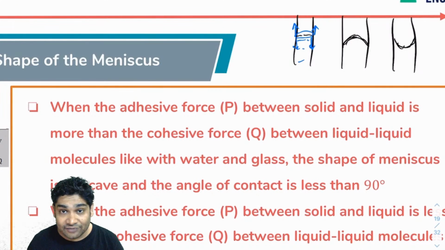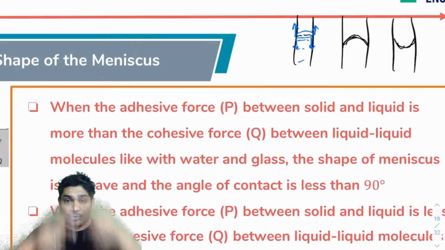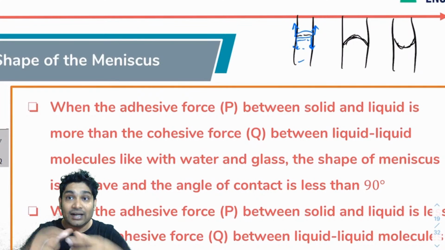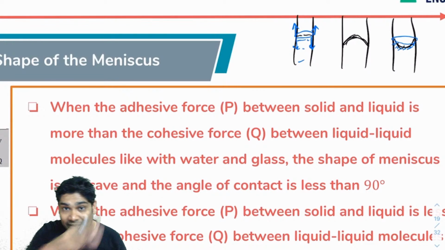Now if the adhesive force is strong, the solid molecules above will actually pull this entire outer layer of the liquid, and that is why this is what is resulting. This layer got pulled to the top, and that is why you see that the entire meniscus turned like this.